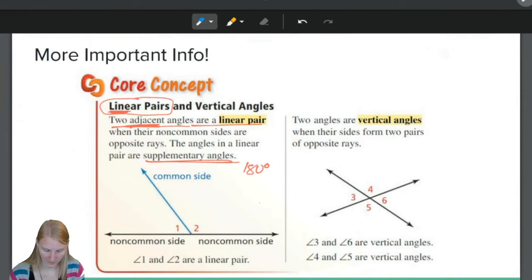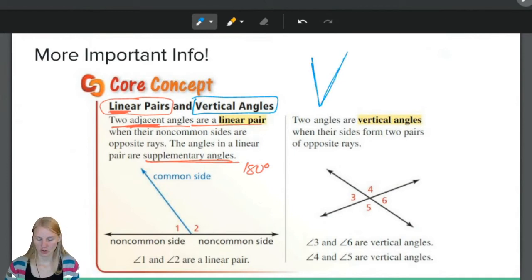Vertical angles. What letter of the alphabet does the word vertical start with? V. Vertical angles. So angles also look like a V, right?